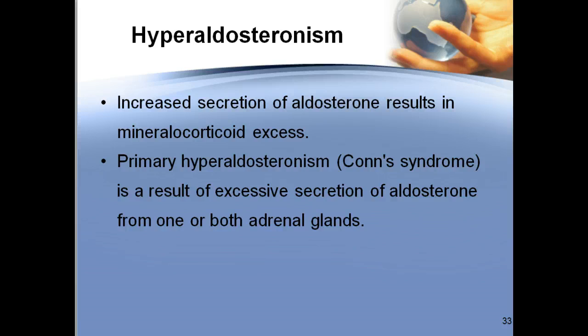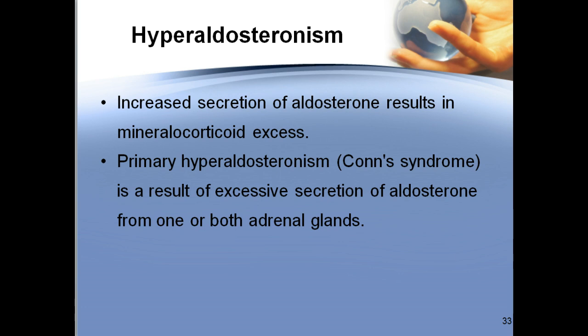The next disease process is hyperaldosteronism, which is called Conn syndrome, and its increased secretion of aldosterone results in mineralocorticoid excess. Primary hyperaldosteronism is a result of excessive secretion of aldosterone from one or both adrenal glands.